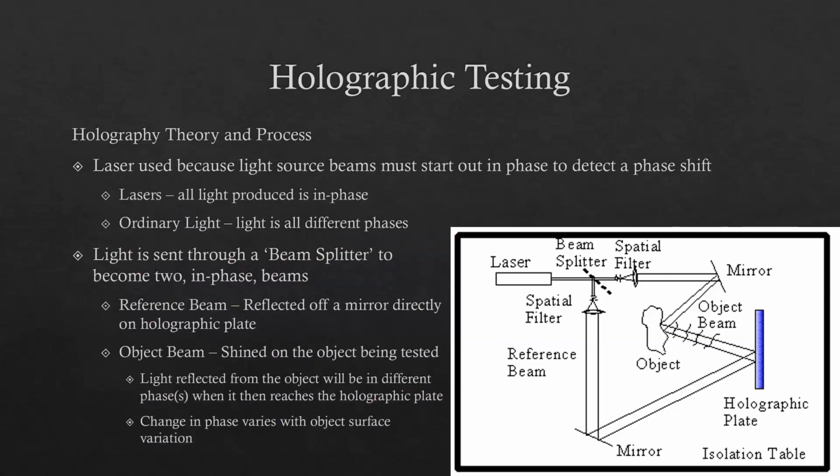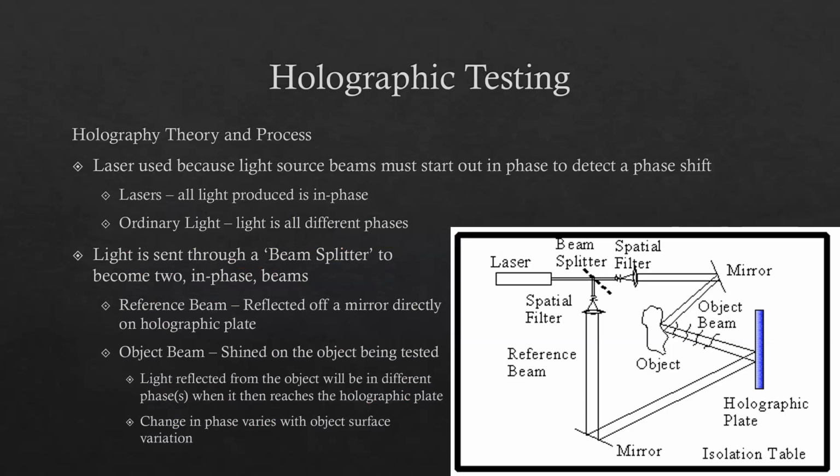The way we do this is we start with a single laser beam. The key with a laser compared to ordinary light is that the direction it's going is aligned and the phase of all the light in the laser beam is aligned. So you start with a bunch of light that's all in the same phase, which is very bright.